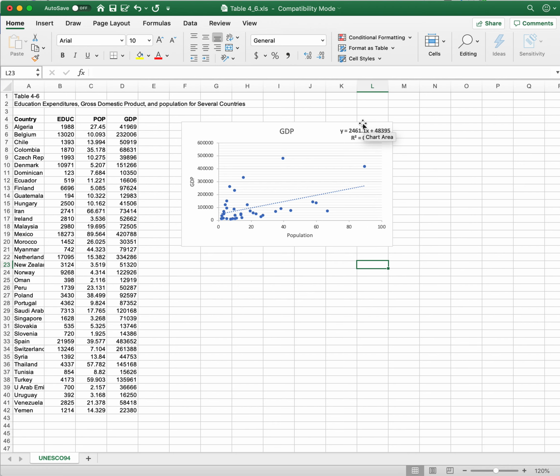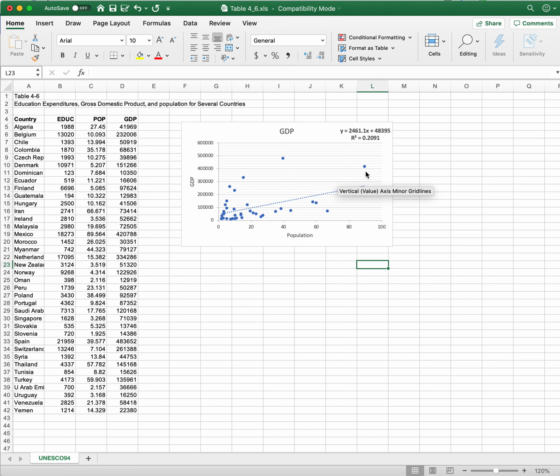So it says that if I want to predict the GDP based on a country's population, it would be 2,461.1 times the population plus 483.93. And the R squared is 0.2091 or 20.91%. Now, it says that 20% of the variation in GDP is explained by this model.